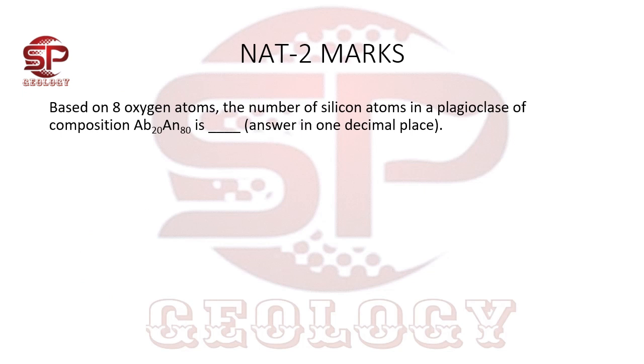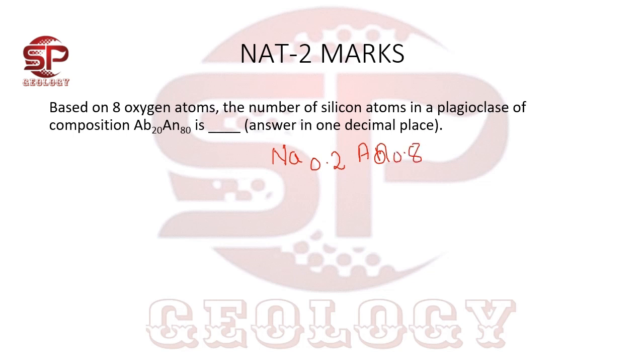Then comes a 2-mark question. Based on 8 oxygen atoms, the number of silicon atoms in plagioclase of composition albite 20, anorthite 80. Albite 20, anorthite 80 means you can write the formula like this: albite sodium 0.2, anorthite 0.8.